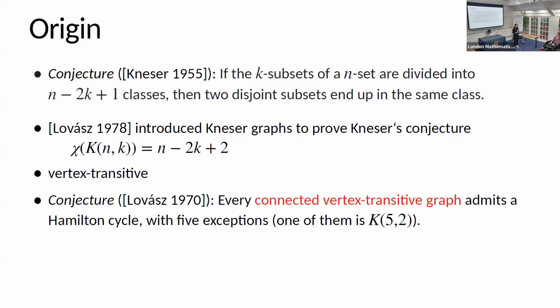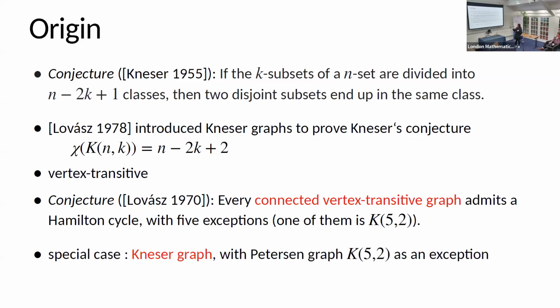This conjecture is still wide open, so we will not try to tackle this one in the talk. We'll only work with the special case of the conjecture, which is the Kneser graph. That's also vertex transitive. And one of the 5 exceptions is actually the Petersen graph, which I showed you, where n is 5 and k is 2. The Petersen graph has a Hamilton path, but it does not have a Hamilton cycle.